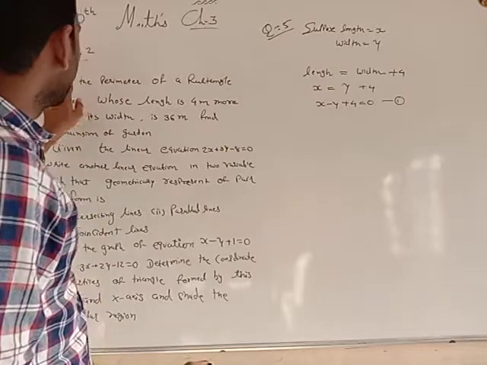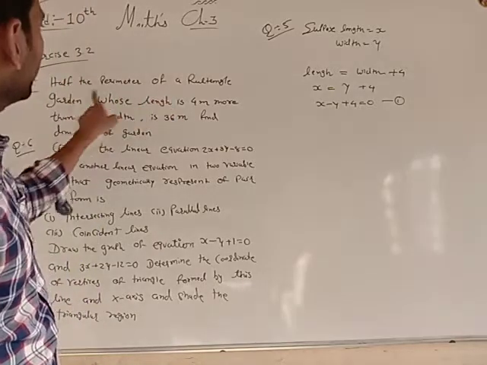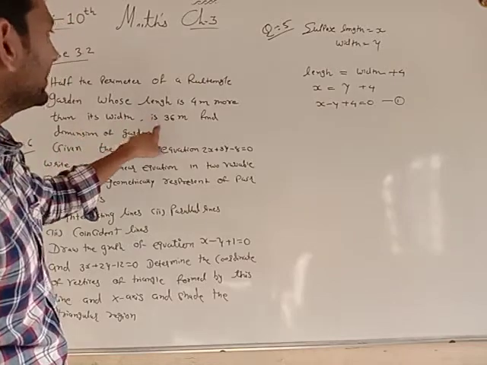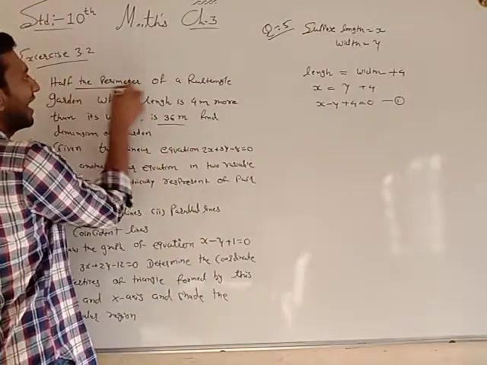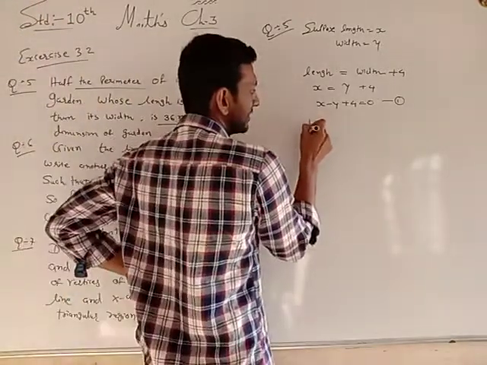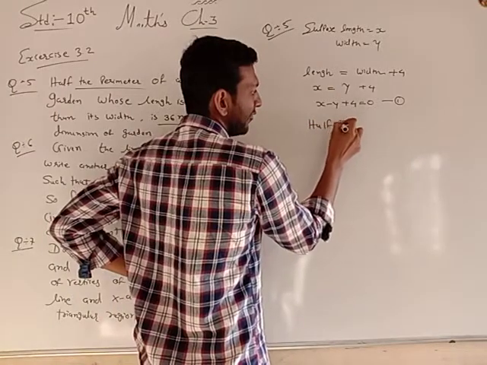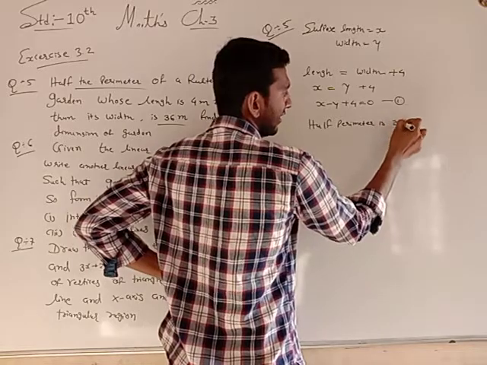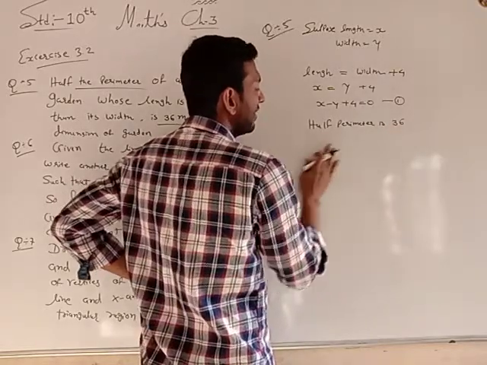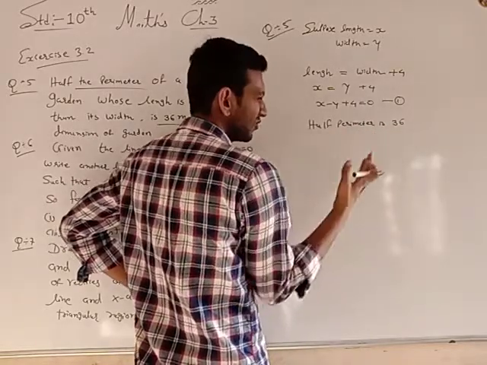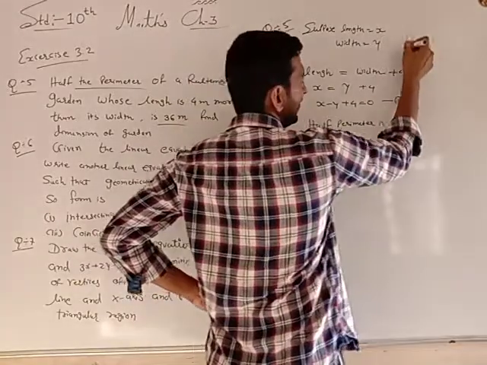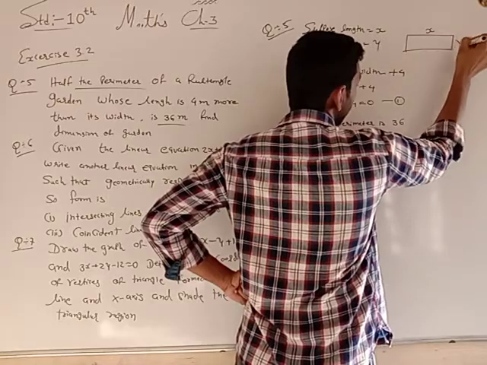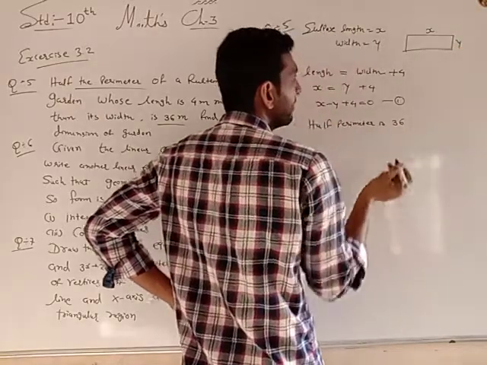Now, half of the perimeter of a rectangular garden whose length is 4 more than its width is 36. Means half perimeter is 36. So first, what is the perimeter? If the rectangular garden has length x and width y, what is the perimeter?